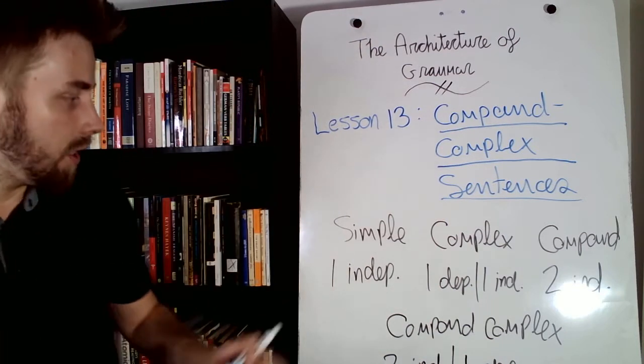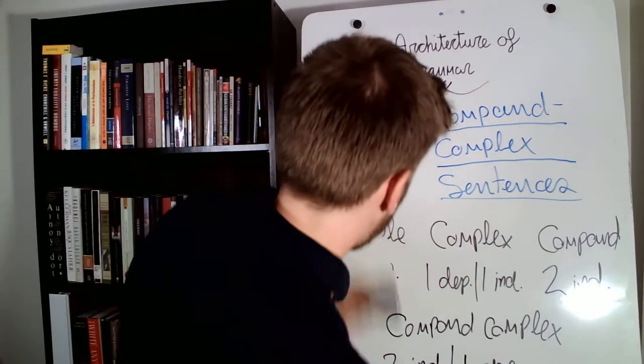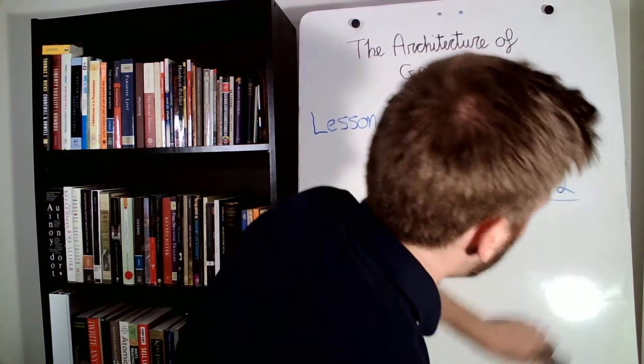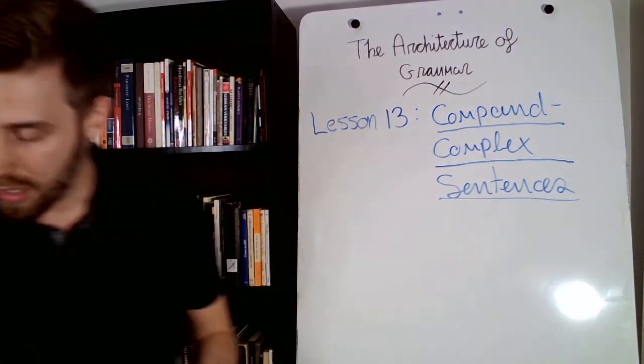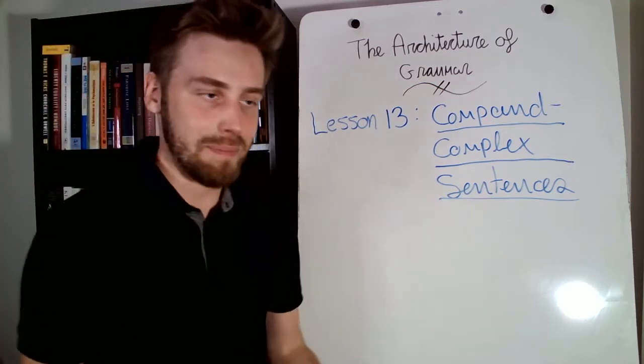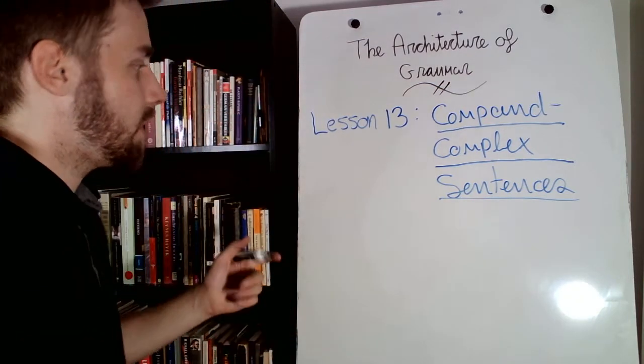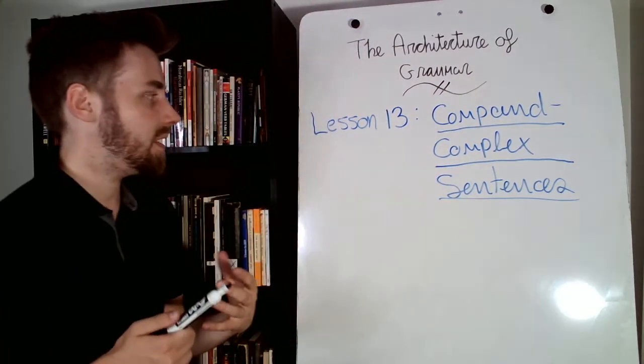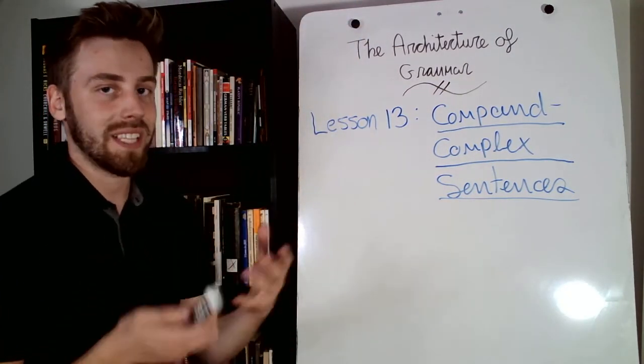So looking at the compound complex sentences, again, the big difference between an independent and a dependent clause is: is there a conjunction? So can the clause stand on its own as a sentence?